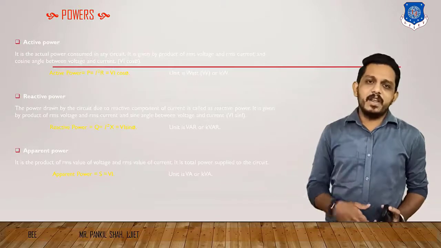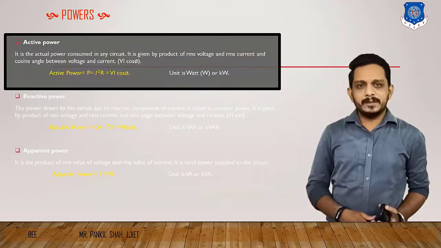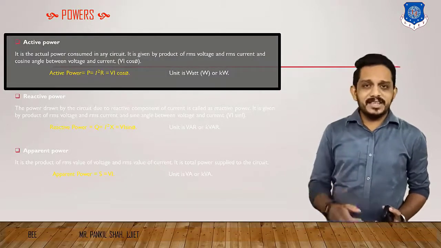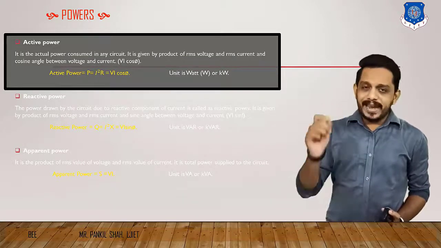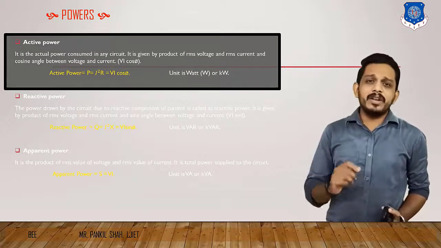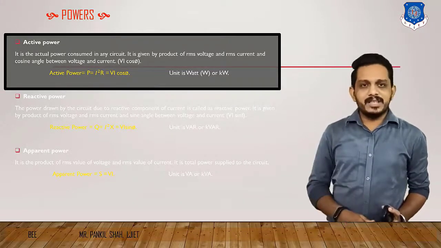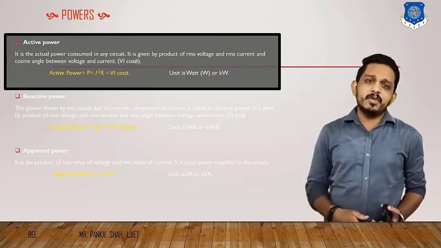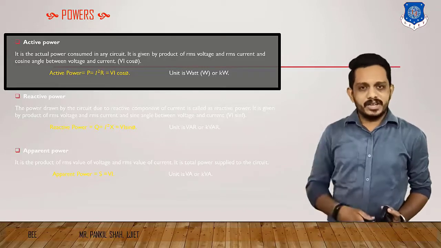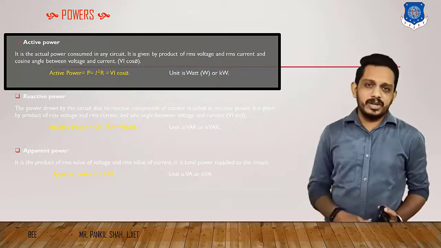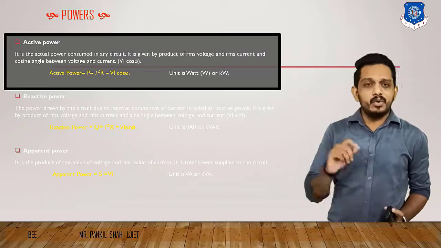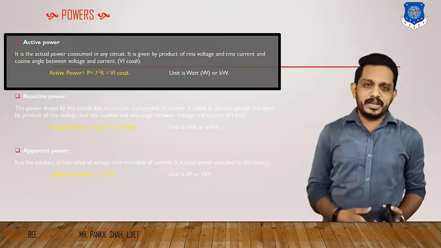Now let's define these three types of power. The first power is the active power. Active power is the total power actually consumed by the circuit, and it is due to the resistive part of your circuit.